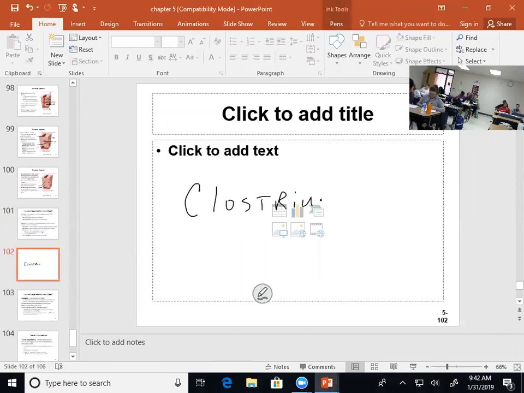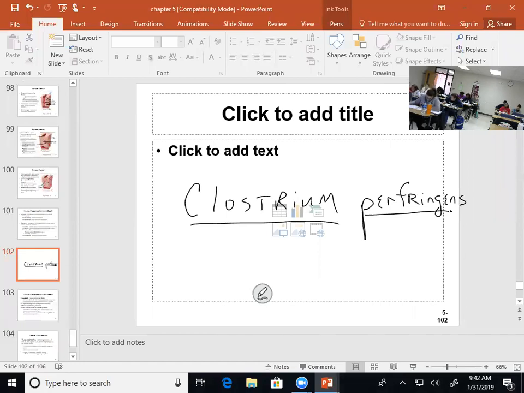But anyway, Clostridium is the genus, perfringens is the species. This is the formal name of this bacterium. It's called Clostridium perfringens. This is a bacterium, and I do want you to know it's a bacterium.